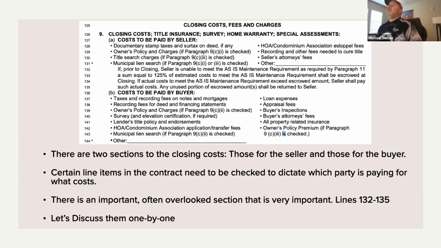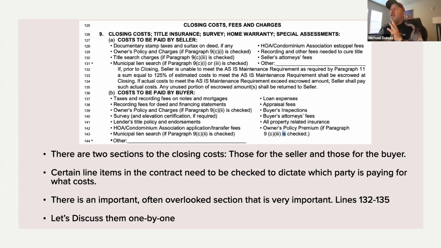Okay. Another thing that you need to notice under costs to be paid by the seller is on lines 132 to 135. If prior to closing, the seller is unable to meet the as-is maintenance requirement, which we'll talk about in paragraph 11, a sum equal to 125% of the estimated cost to meet the maintenance requirement shall be escrowed at closing.